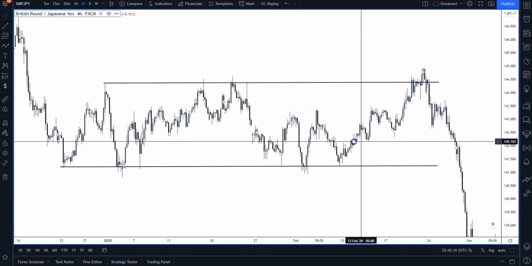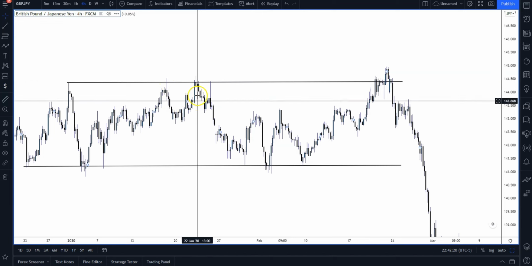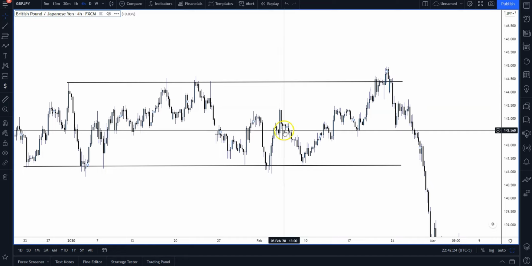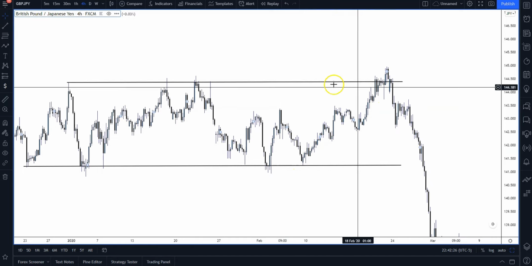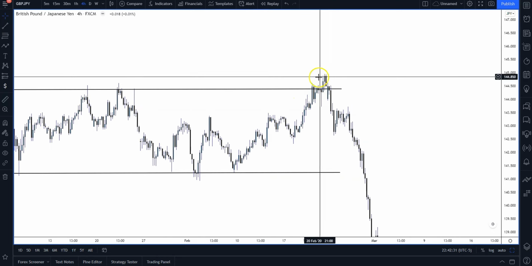So high, low, high, came back, tested that high, low, came back, tested the low, high. Notice over here it broke out.